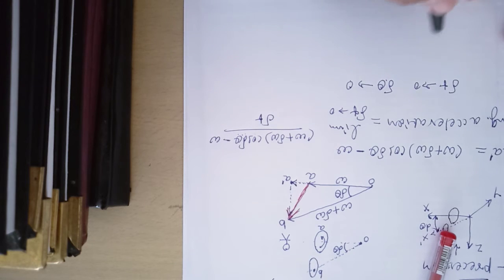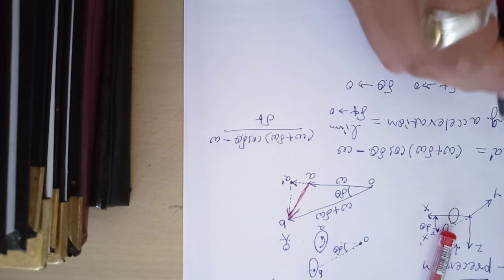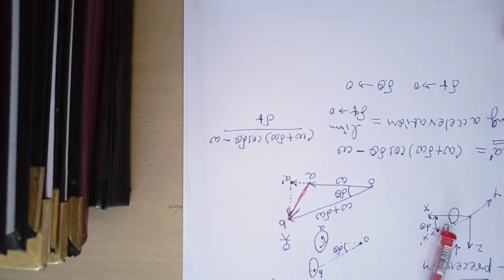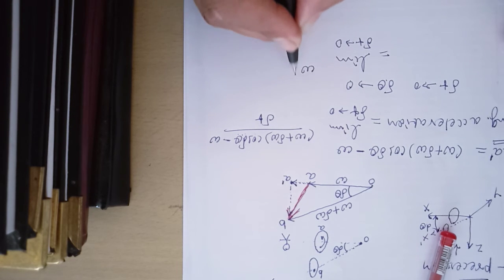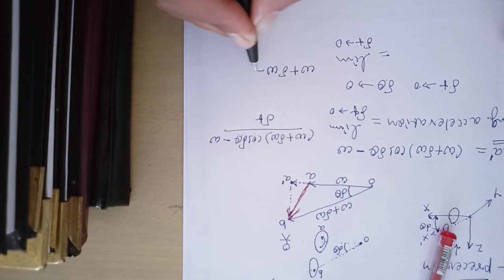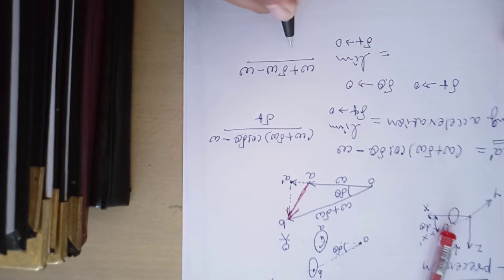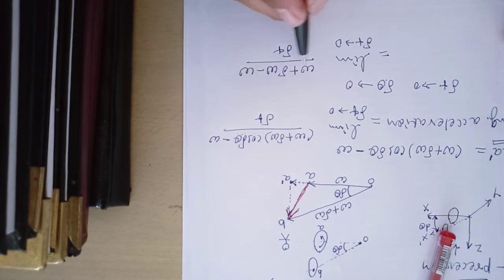So the first component of angular acceleration, a dash, is equal to limit del t tends to 0, omega plus del omega minus omega by del t. Omega will be nullified.